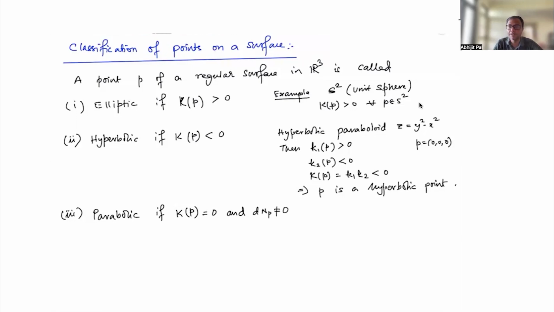Okay, so dN_P is not equal to 0. Okay, so again in the last class, we have done this. So you take the cylinder, which is x square plus y square equals 1.